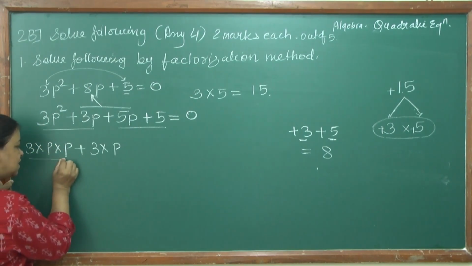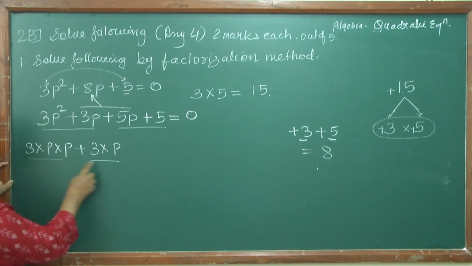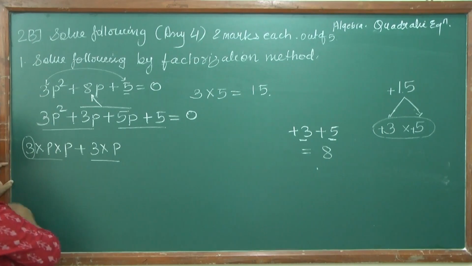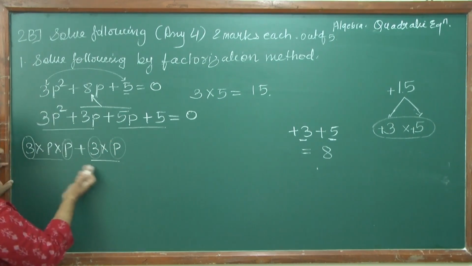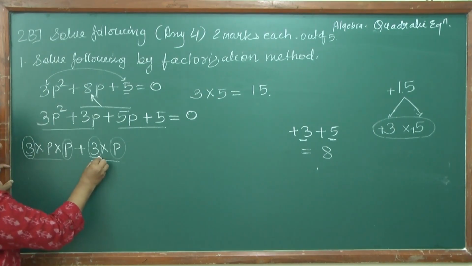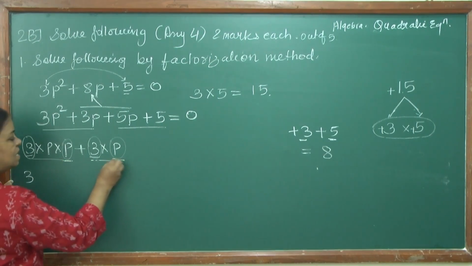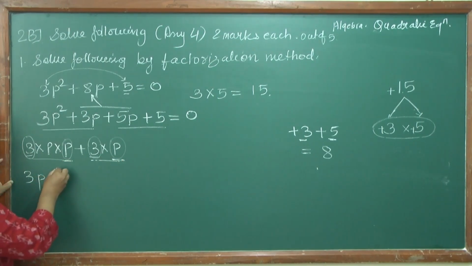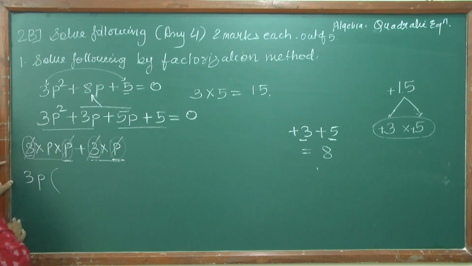In this first term and in this second term, what is common? 3 is there, 3 is there, p is there, p is there. Let me take this 3p out, which I have circled. 3 here also, 3 here also, so I am taking 3 out. P here also and p here also, I am taking out and writing the bracket.